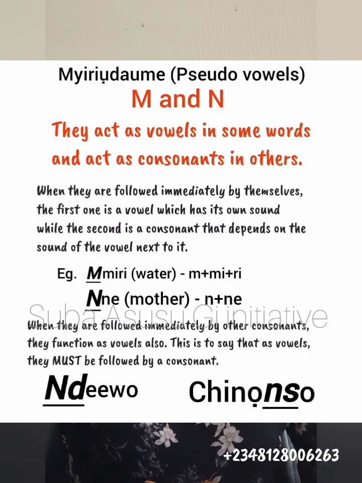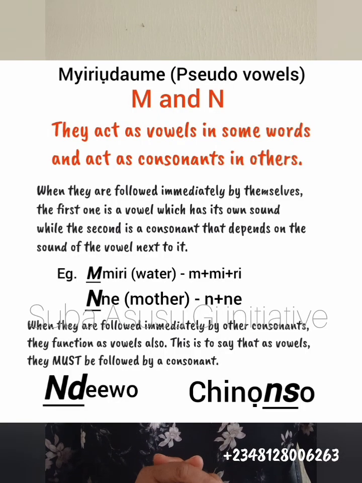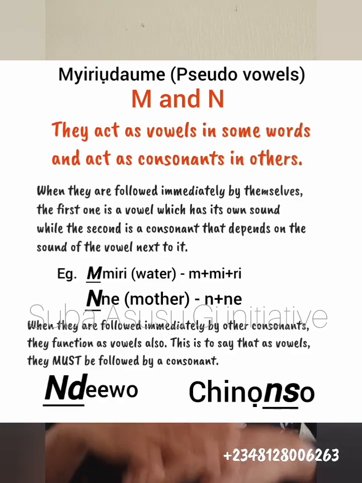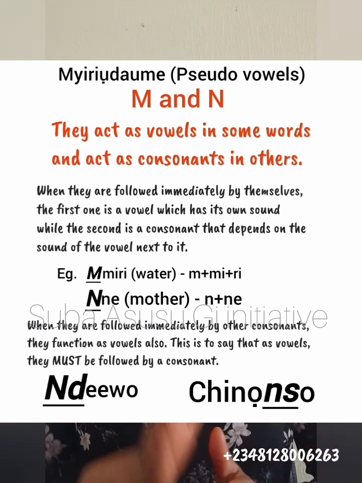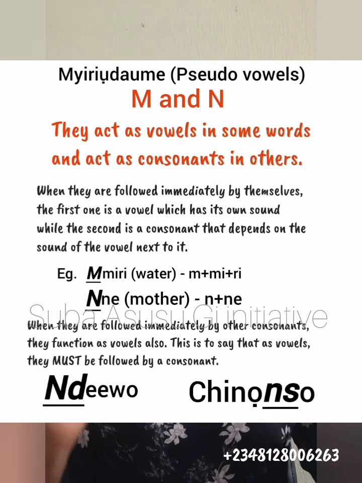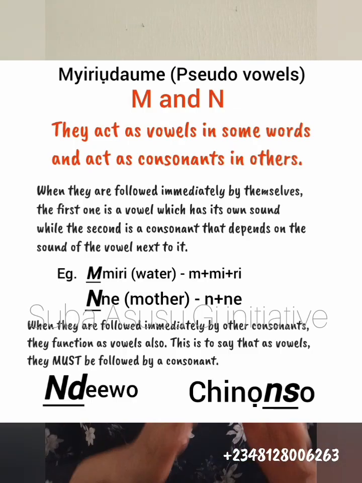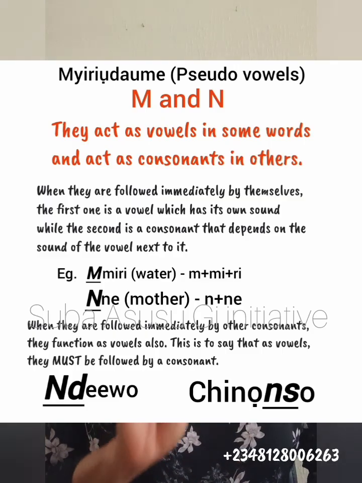Those 2 letters are what we call pseudo vowels. We have 8 vowels in Asusu Igbo. The rest are consonants. Of the 36 alphabets, 8 are vowels, the rest are consonants. Now, inside the remaining alphabets, we still have 2 that we call the pseudo vowels.